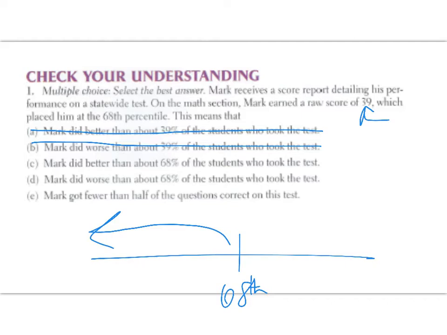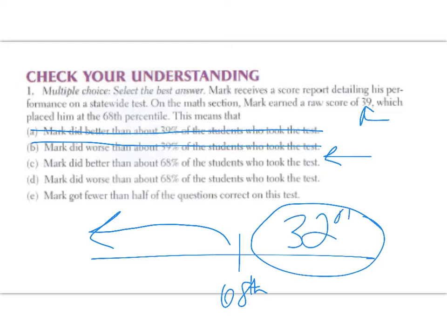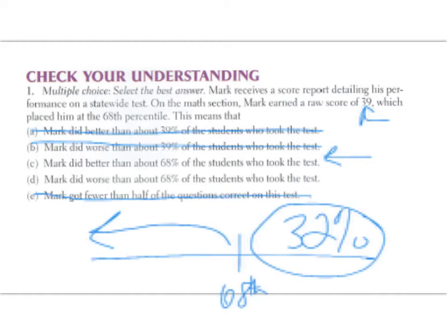So this should be a true statement here, that Mark did better than about 68% of the students that took the test. Mark doing worse than about 68% of the students is not true. Okay, Mark did worse than about 32% of the students that took the test. And again, it doesn't matter if he got half the questions right or not. A percentile is relative to all the students that took the test.